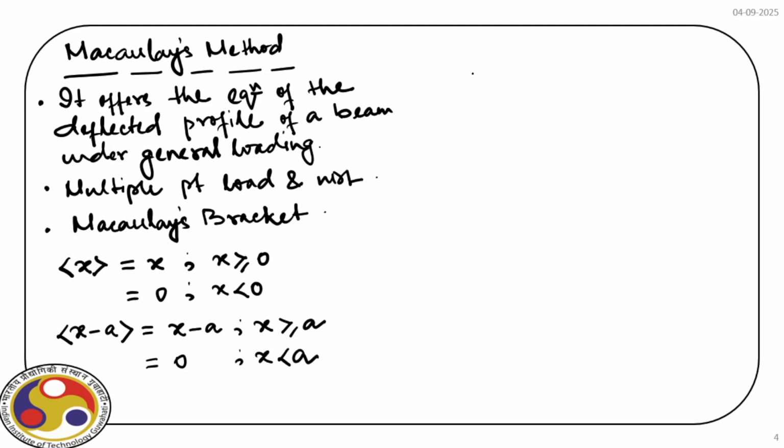Now imagine we have x minus a Macaulay bracket to the power n, and we differentiate this with respect to x. Then we get n times x minus a within Macaulay bracket to the power n minus 1. Just like we have a function x minus a.